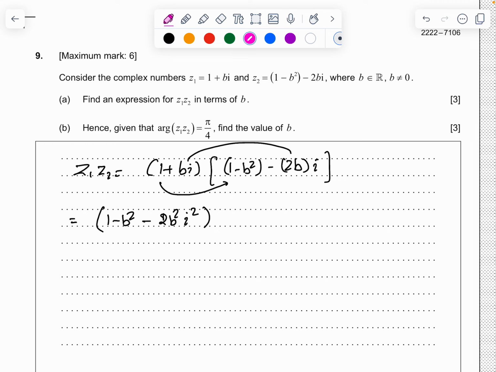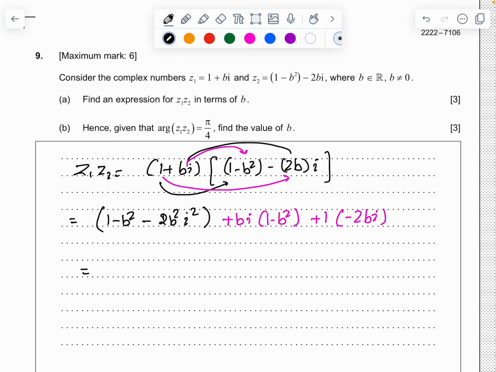Now how do I get the imaginary parts? 1 times this one is going to be an imaginary part, and bi times this. So bi times (1 minus b square) is imaginary, and 1 times minus 2bi is an imaginary part.